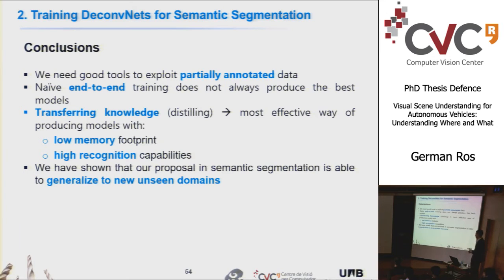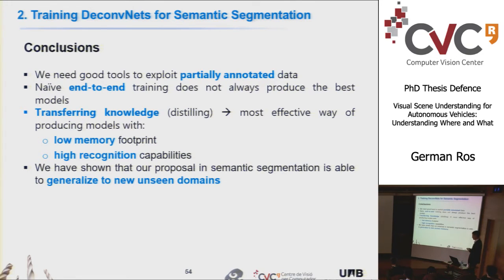So when we have to deal with different situations that are not so standard, when you don't have the proper data set and the proper architecture, when you have to add more constraints, then end-to-end training is not always the best approach. It's not going to be always producing the best model. So you need to add more constraints coming from your problem domain in order to improve that.